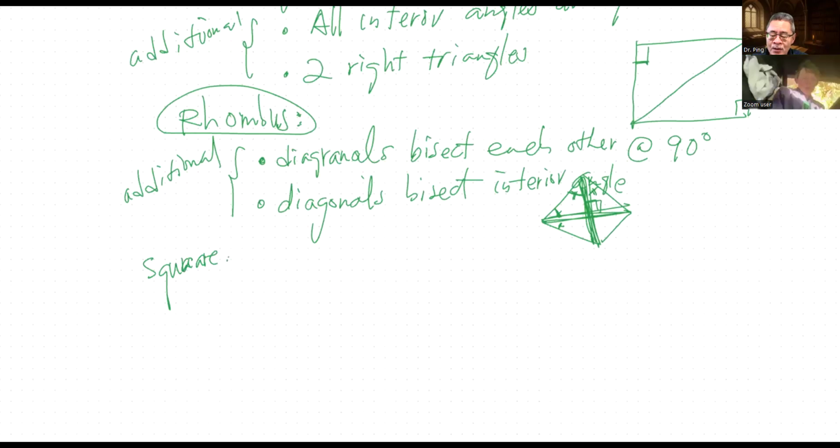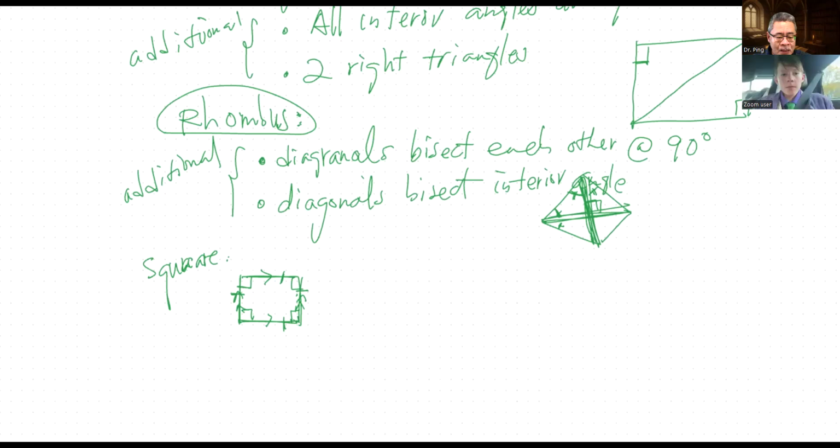So it shares all their properties, and the only thing additional to that is all four sides are the same, not only the two opposite sides are parallel, and all four sides are congruent, and the angles are also congruent, 90 degrees. That's kind of special about a square. Okay, good.